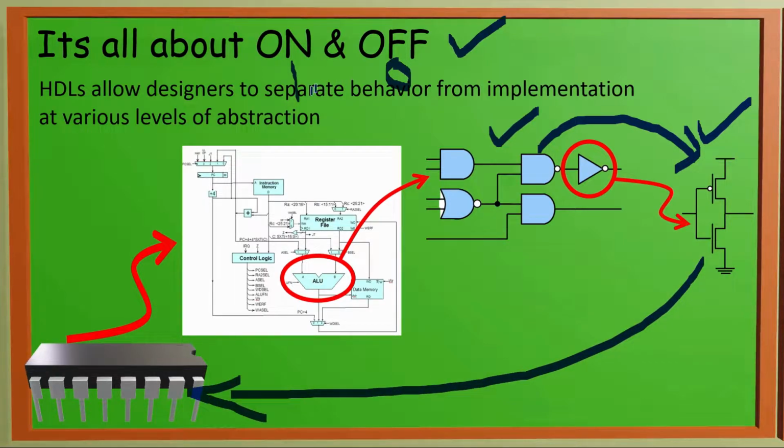What is the role of HDL? Hardware description language will design this structure, what exactly will make that processor work the way we want it to, the way it is supposed to work. And what about the other software programming languages? If we have a laptop, a computer, once the processor is ready, then that processor can run other languages like C, Java or any other language.